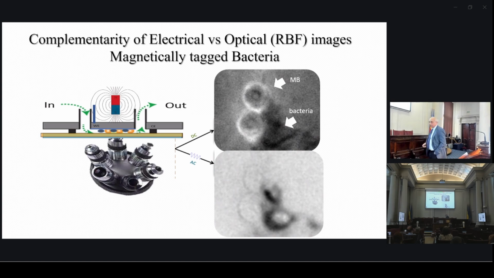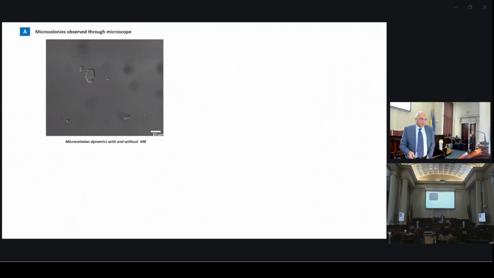So you can easily, from this perspective at least, separate them.